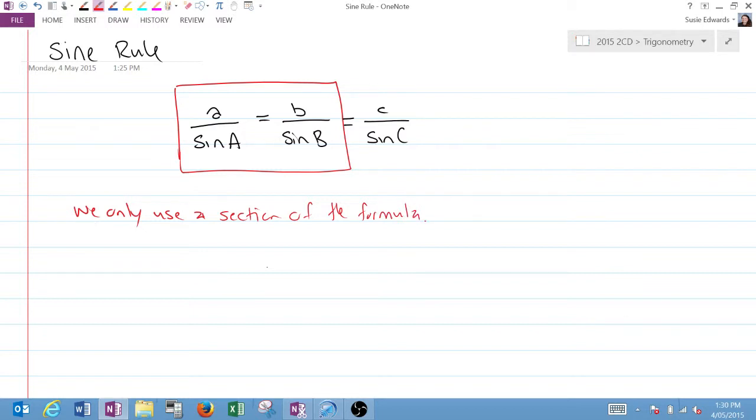Now, because of this, we must label the main information. And when I say the main information, I mean the things we know and are trying to find.